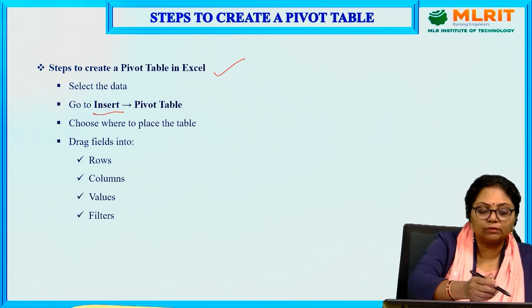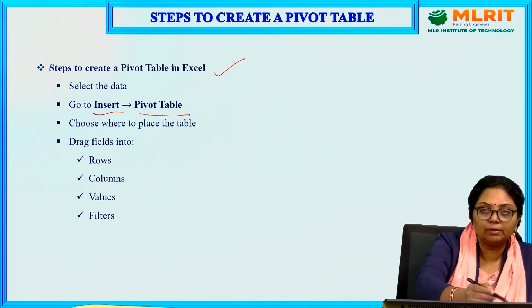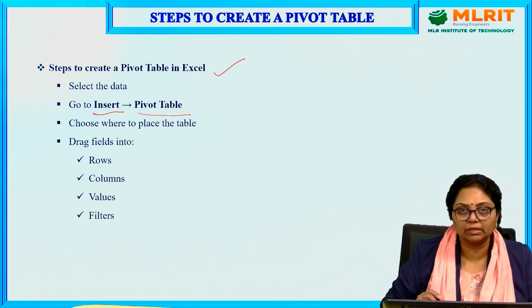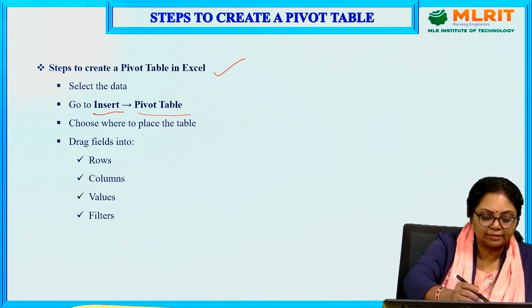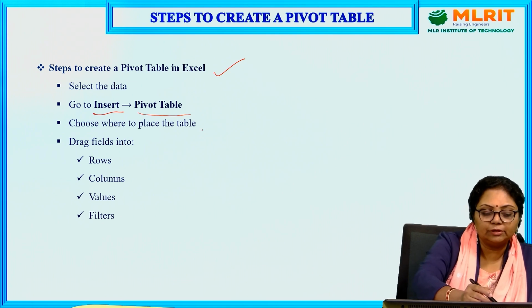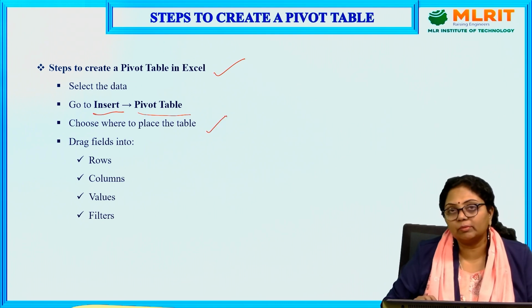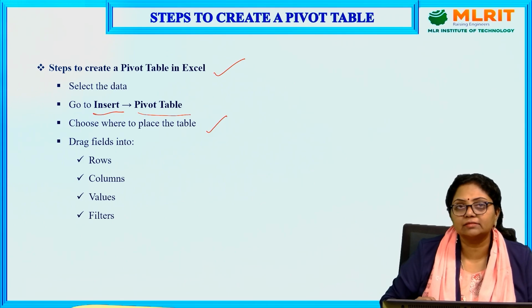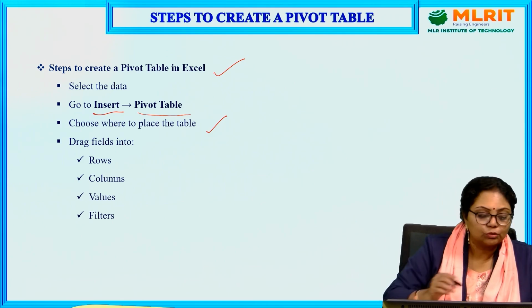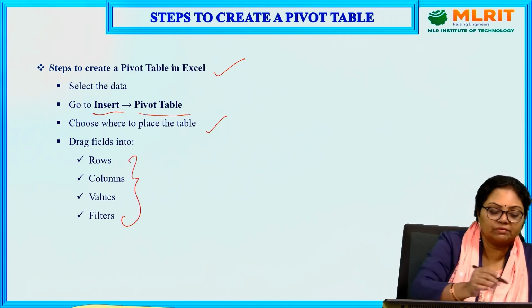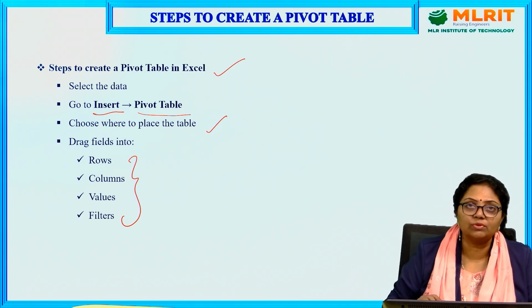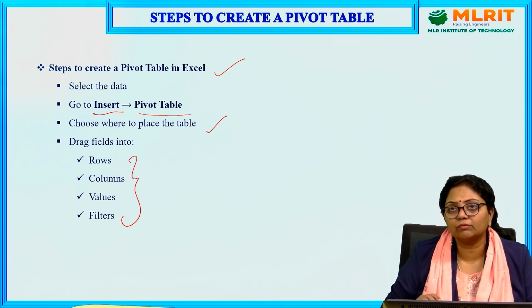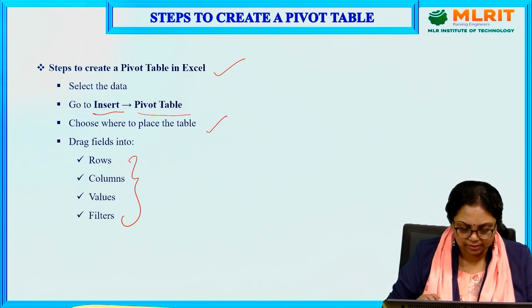When you click on the Insert tab, the pivot table option is there, and if we click it, we can create a table. We choose the place where the table has to be created, and then drag the fields into the four components we discussed earlier: rows, columns, values and filters. That is how we can create a pivot table in Excel.